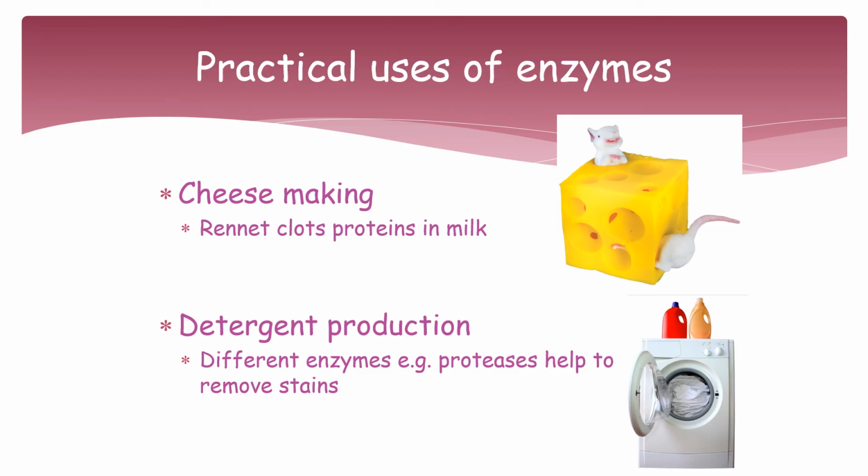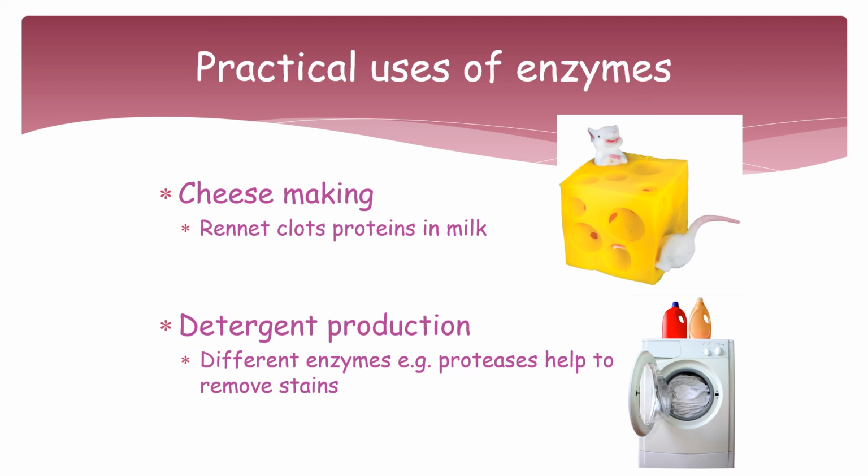So the practical use of enzymes, this is more National 4 than National 5 work, but it's good to know anyway. An enzyme called rennet is used to clot proteins in milk, which is used in cheese making. And different enzymes such as proteases help to remove stains in biological detergents.